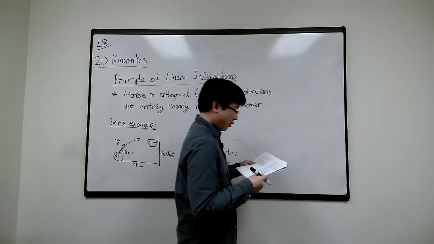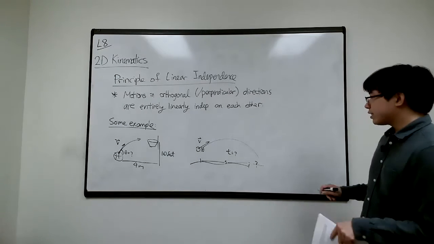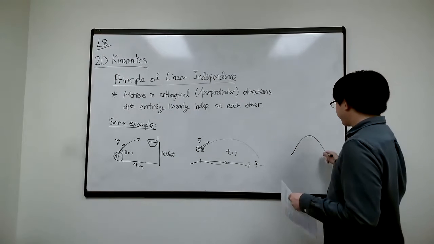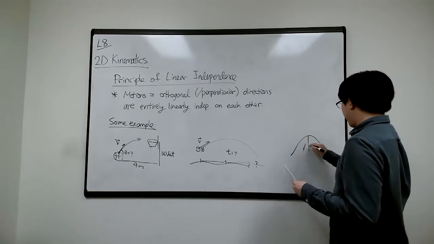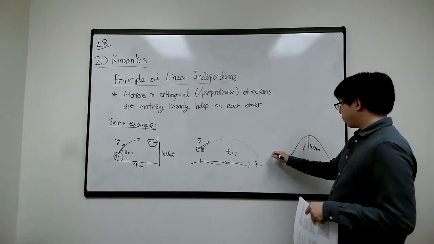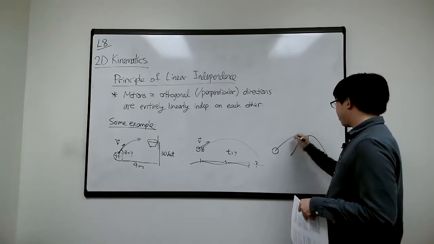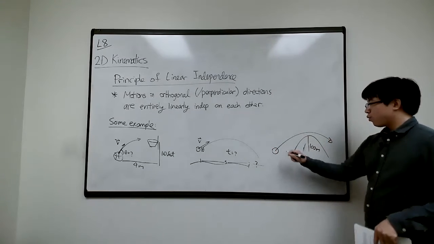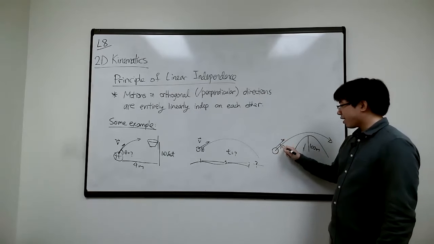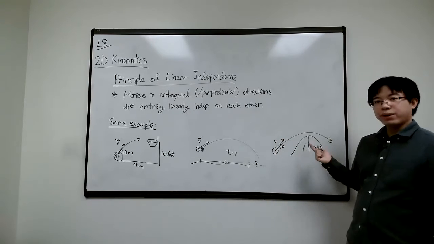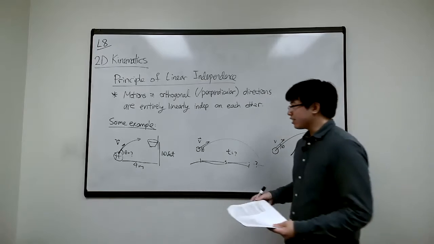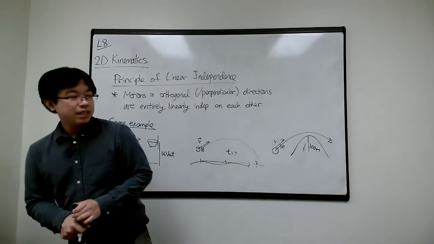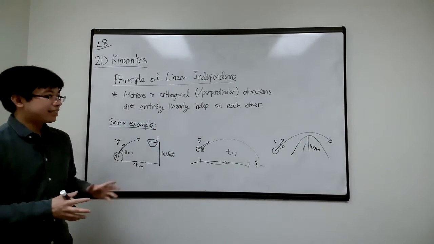You can also try to launch an object over a hill that's, let's say, 100 meters tall. You want to launch maybe a cannonball over it. What's the minimum angle and velocity you should launch it with? These are things we can answer.